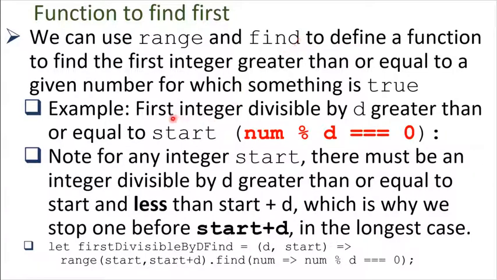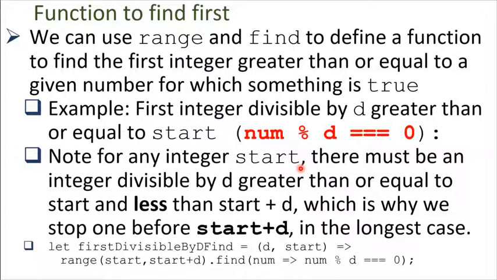So first, let's start with trying to get the first integer that's divisible by d that's greater than or equal to start, right? To check if a number num is divisible by d, we would just check if num % d equals 0, which means the remainder when you divide num by d is 0. And we want to make sure it's greater than or equal to start.